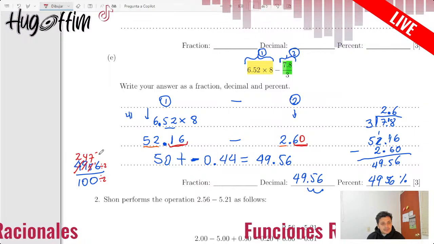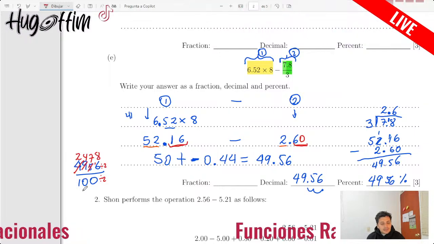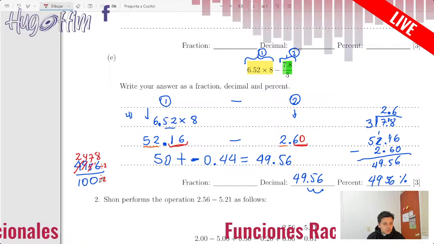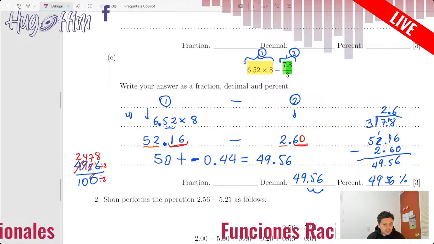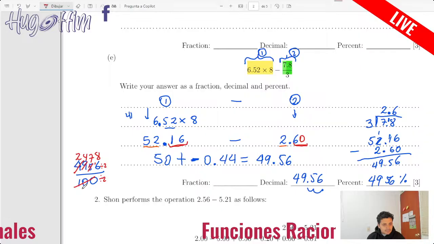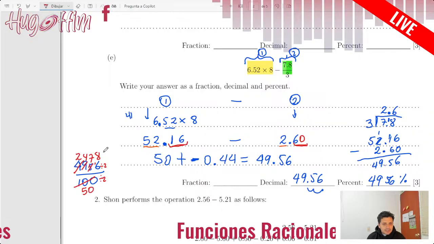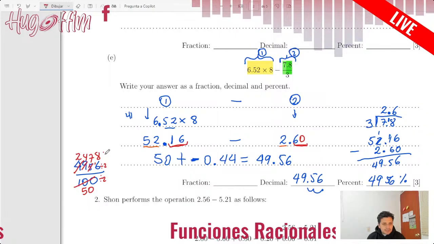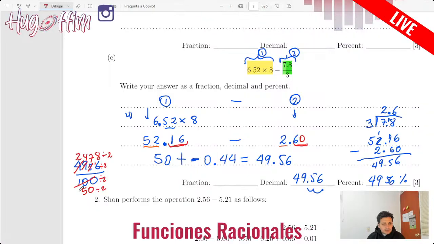2,478. And I can divide this one by 2 to get 50. I can divide again by 2, so I got 25 here.